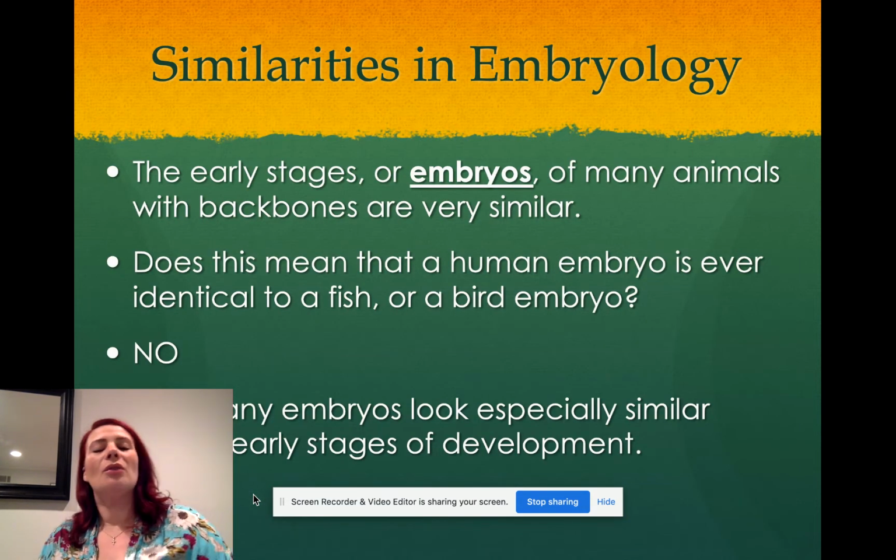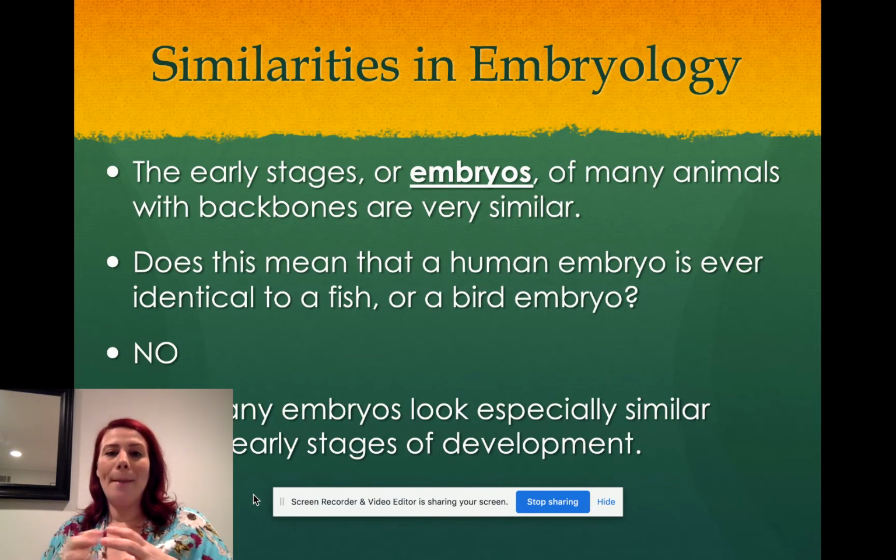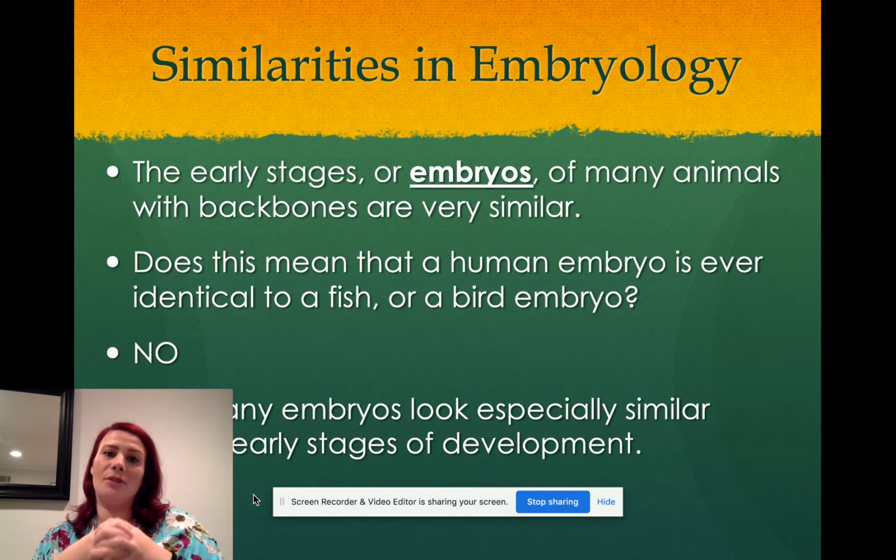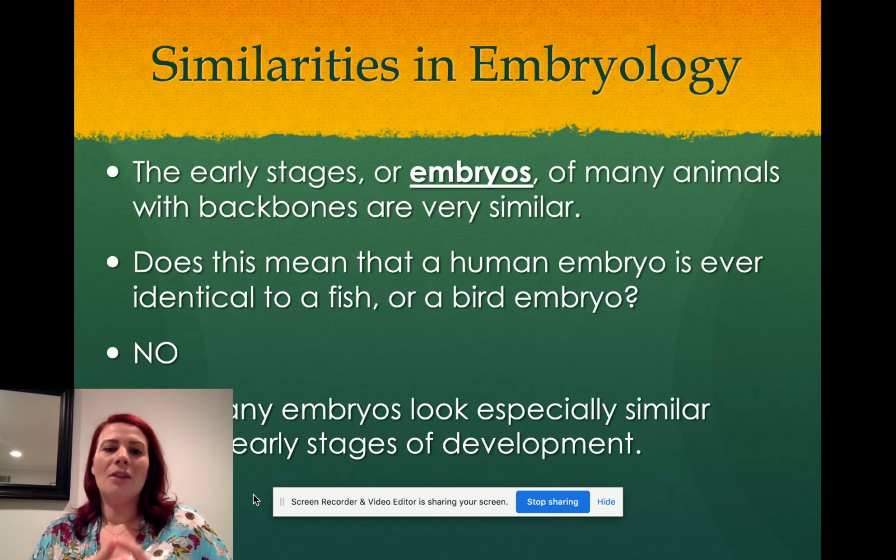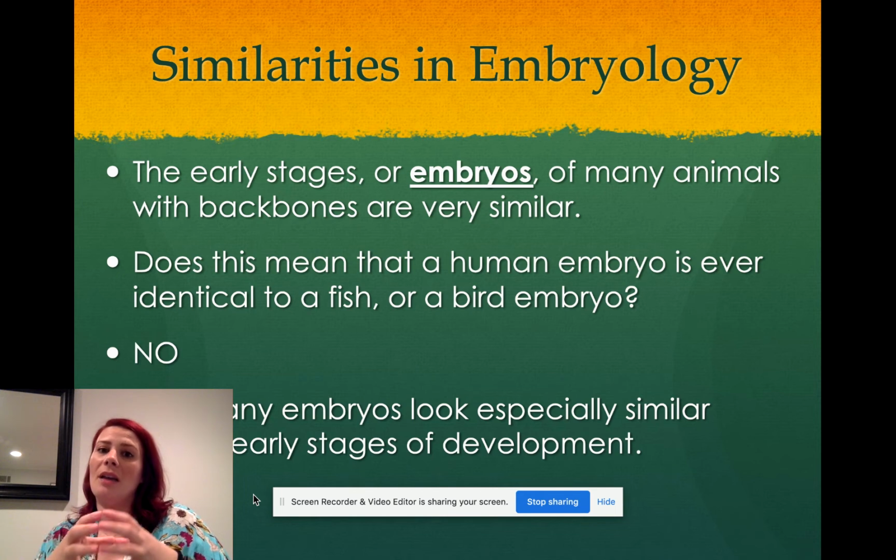Now, similarities in embryology. An embryo is when an organism first starts to develop. Egg and sperm have come together, fertilization took place, and then an embryo starts to develop. Many organisms early on, when they are an embryo, look very similar.